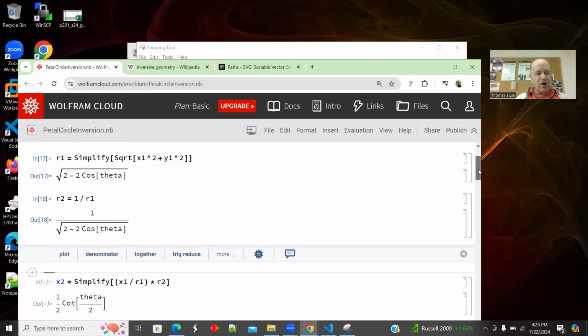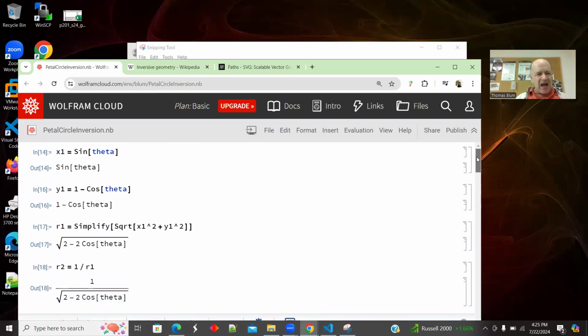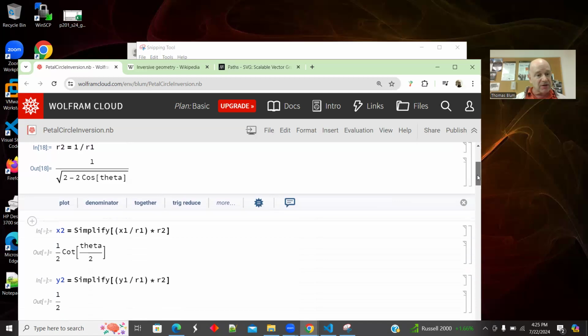And now I'm looking for the x2. Okay. So my original x divided by my original r works sort of as a cosine, as taking the horizontal component.